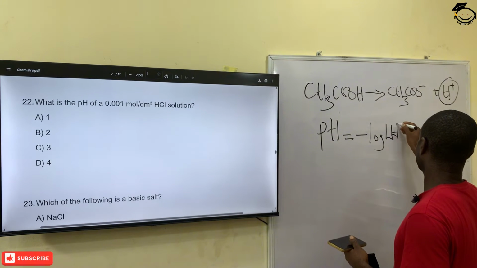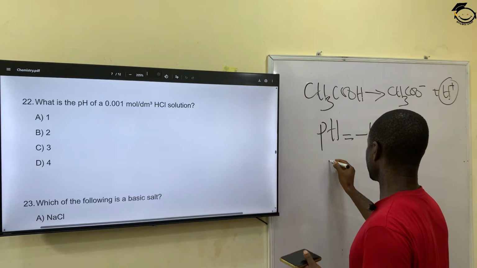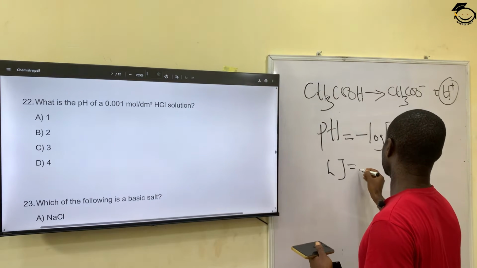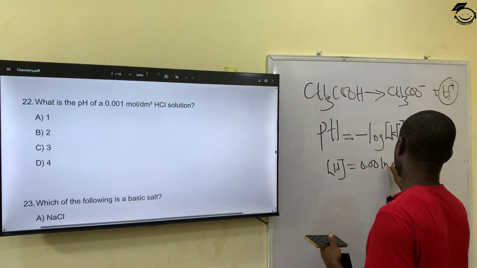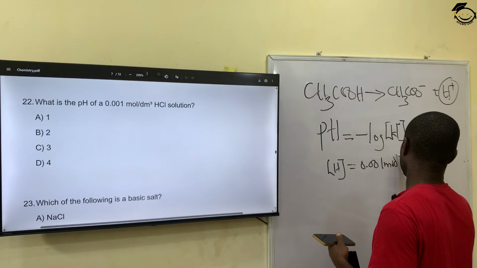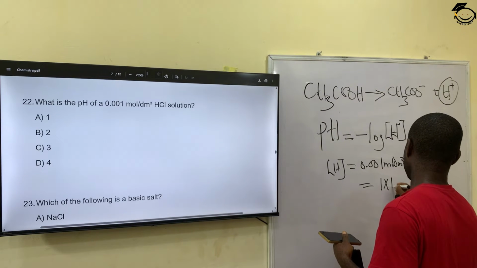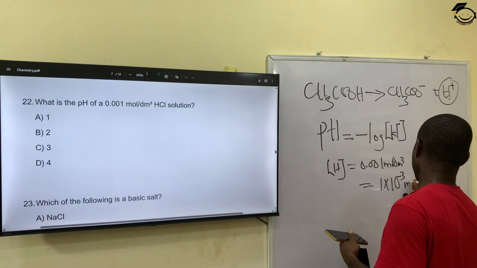So the concentration of the acid, HCl, has been given to be 0.001 mole per dm³, which is the same thing as 1 times 10 raised to power minus 3 mole per dm³.